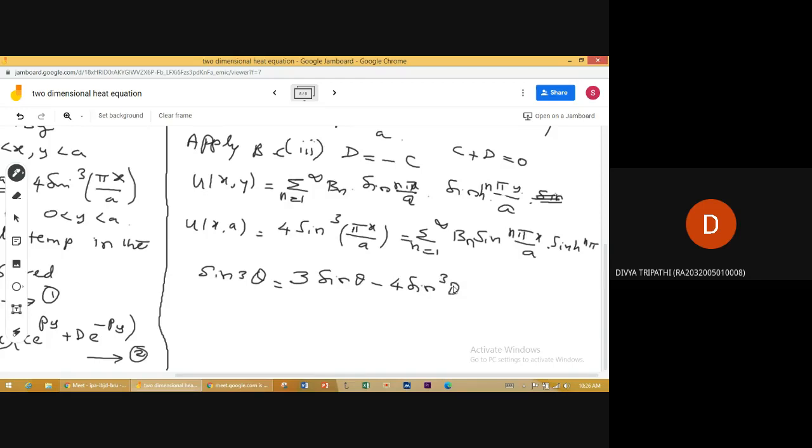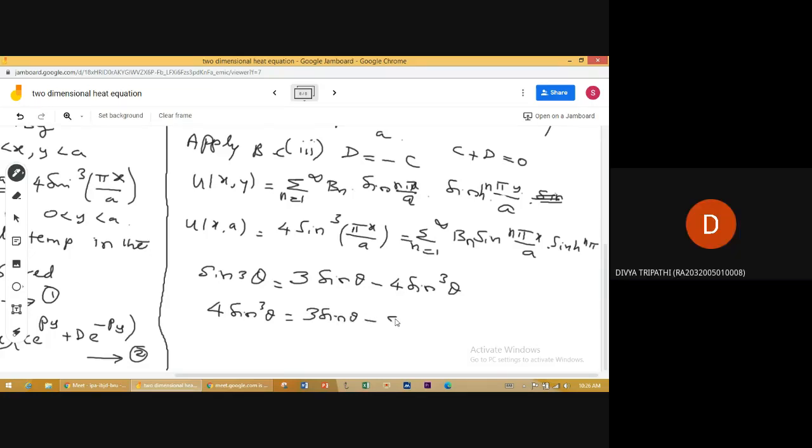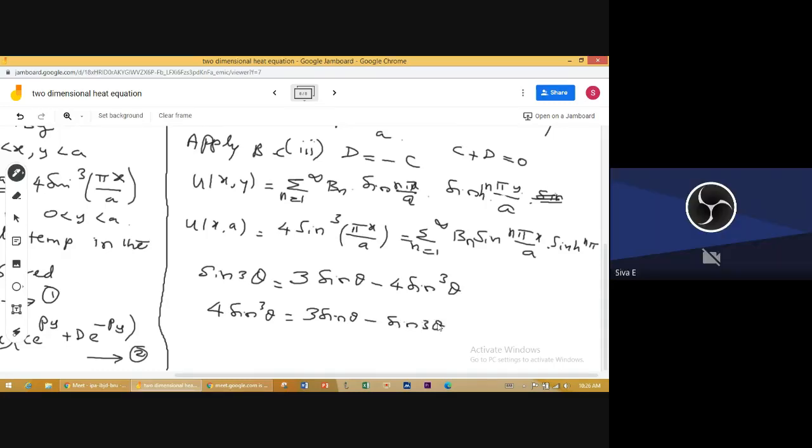So what is 4 sin cube theta? Very good, Divya Tripathi, you are correct. 4 sin cube theta is what? Very simple, na? 3 sin theta minus sin 3 theta. Very good.